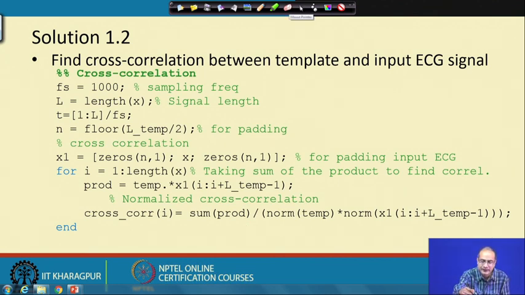So, to make it invariant, we take that normalization, and instead of correlation we are getting the correlation coefficient. That will help us to judge whether the correlation is high or low. Otherwise, any scaling of the template would actually change the correlation values. So, we simply want to eliminate that problem and make it scale invariant.